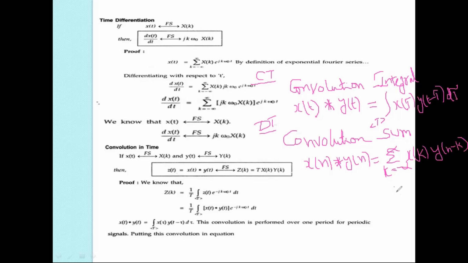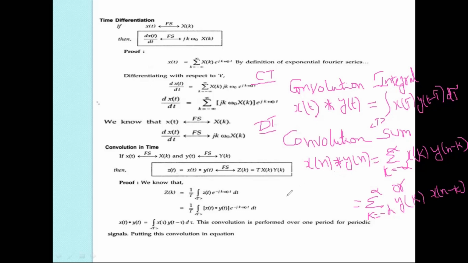This equation can also be written as the sum of k equal to minus infinity to infinity of y of k, x of n minus k. Both are the same, because the convolution obeys the commutative property.